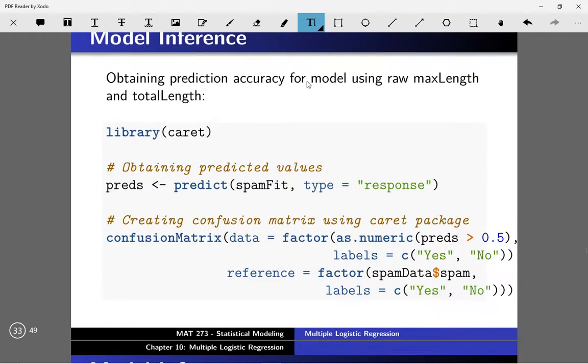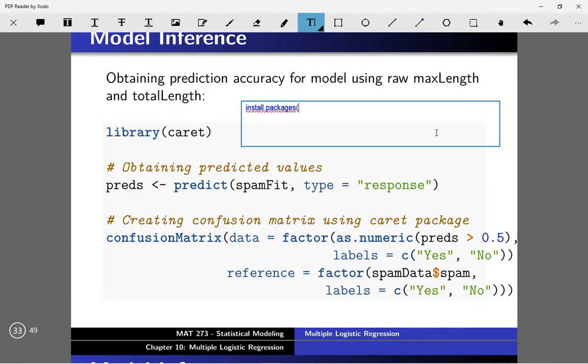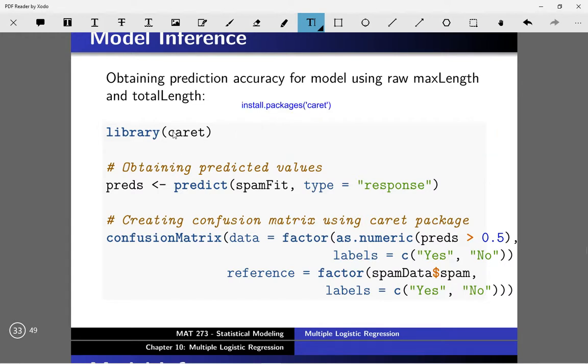So anyway, using the caret package here, if you want to run this code yourself too, you'll have to install the package caret prior to loading it using the library statement.